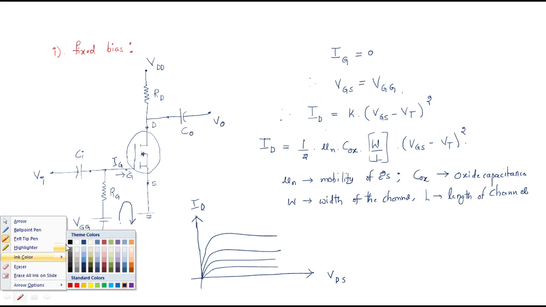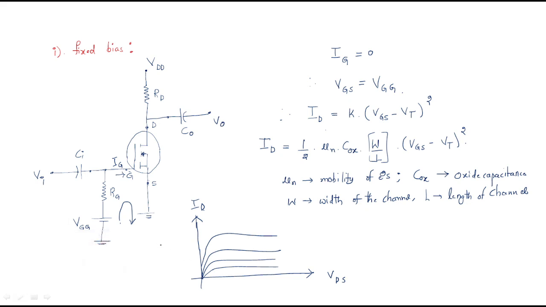If you draw the relation, the Q point and biasing point, you will get this load line. This is VDD, and the current represents VDD by RD, and the other point is 0.